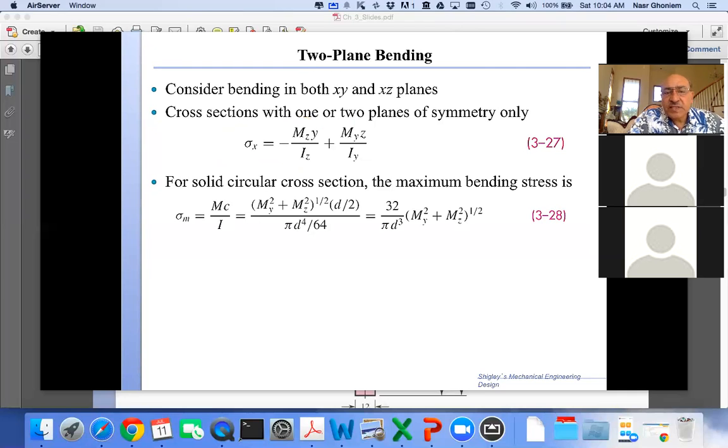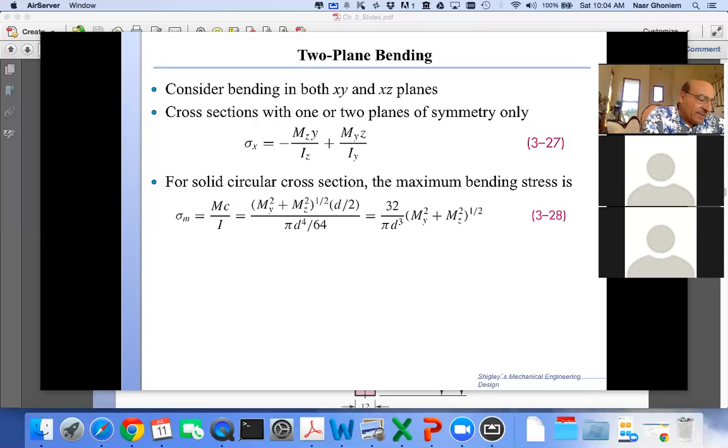If it happens that we have a circular cross-section, as in most shaft designs, the situation is a little bit simpler, because we look at the moment as a vector. So we add two vectors together, and we use the Pythagorean theorem to find the resultant vector of the two moments. So it becomes easier.